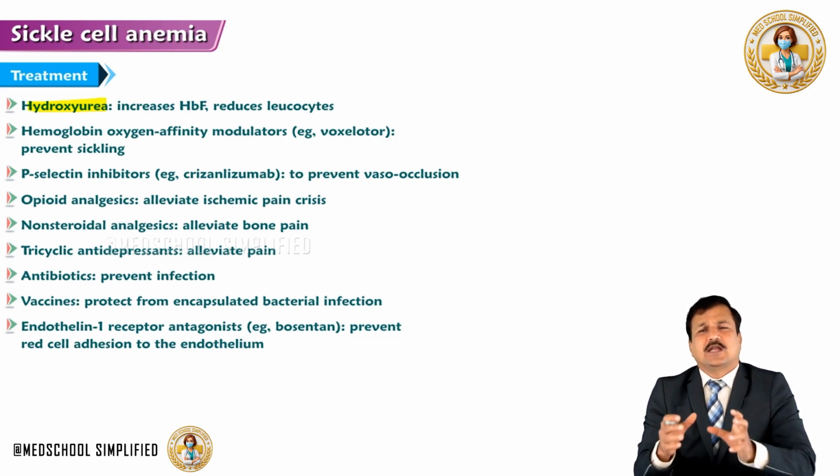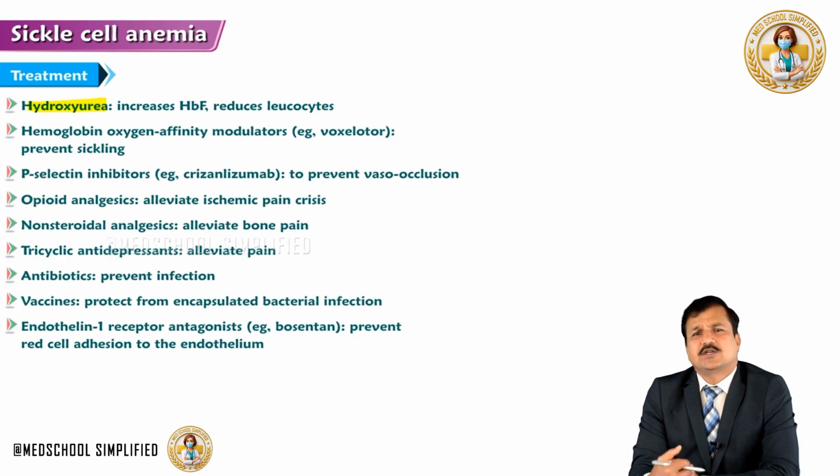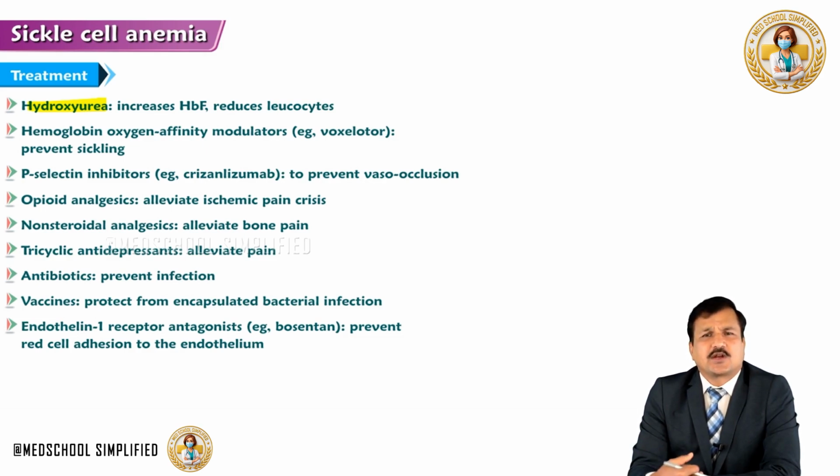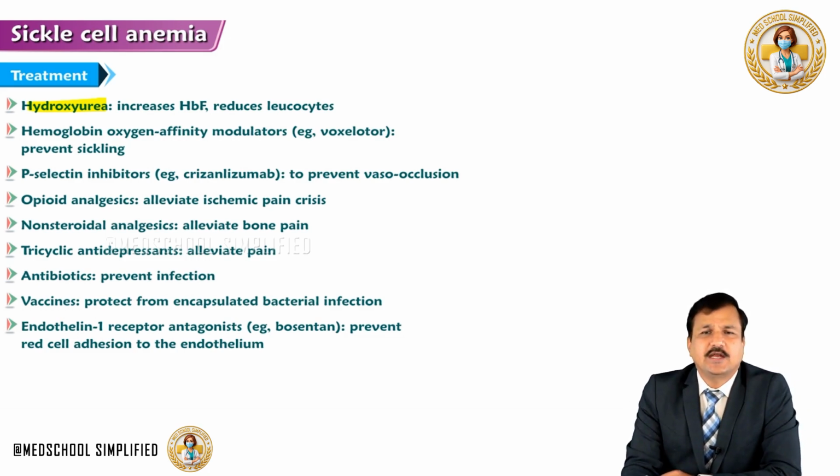So when our sickling process is decreased by the use of hydroxyurea, it decreases the frequency of painful crisis in sickle cell anemia patients. Hydroxyurea also reduces levels of circulating leukocytes, which will decrease the adherence of neutrophils to the vascular endothelium also. Otherwise, hydroxyurea was originally designed as an anti-metabolite for treatment of certain tumors.